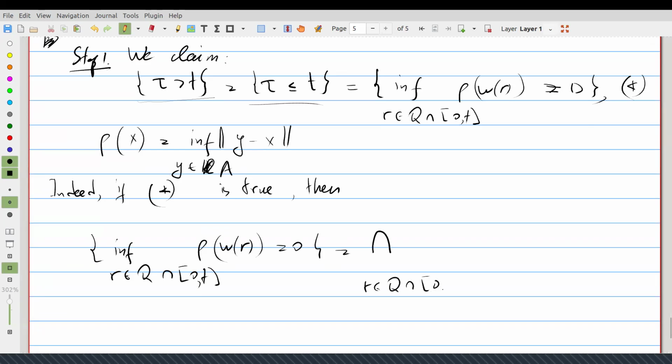I think it's a union, yes, so we'll find such an r, not for all.